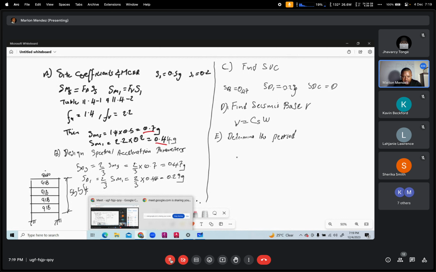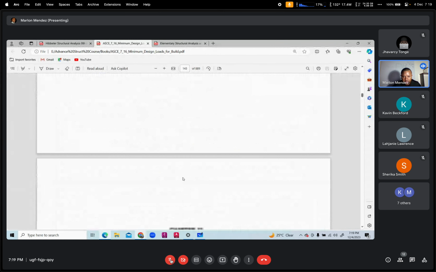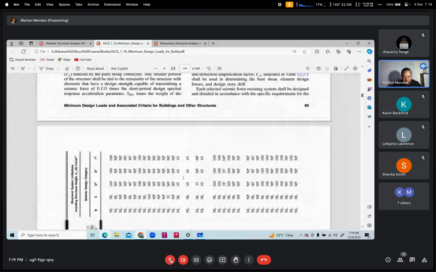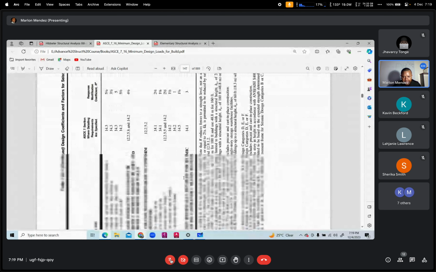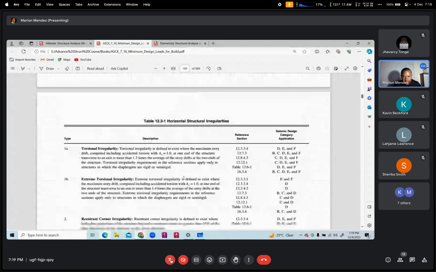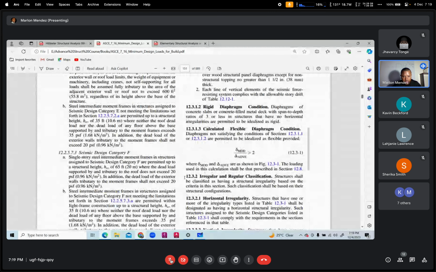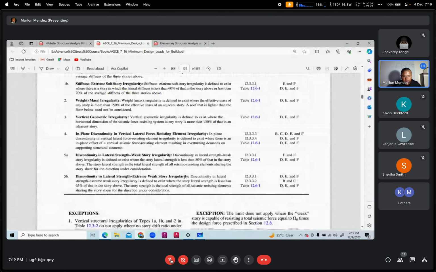So based on the structure, can somebody find table 12.3? All right. I kind of want to give you a visual of this somewhat, so you can have an appreciation. Table 12.3 is not there.